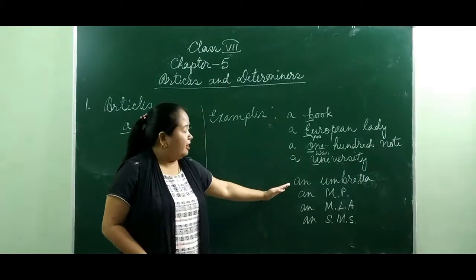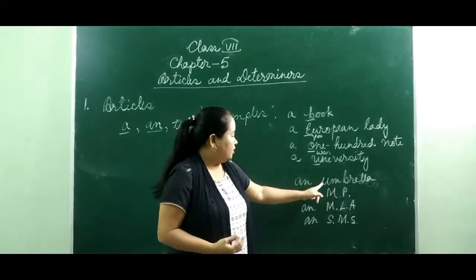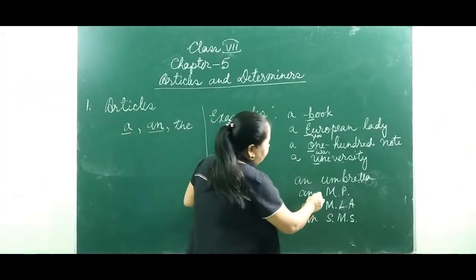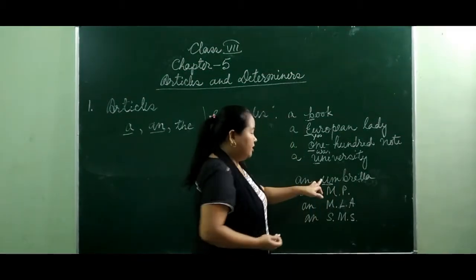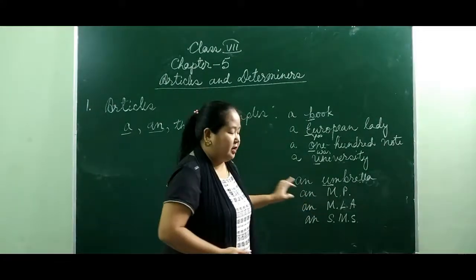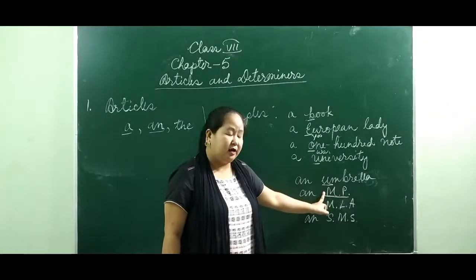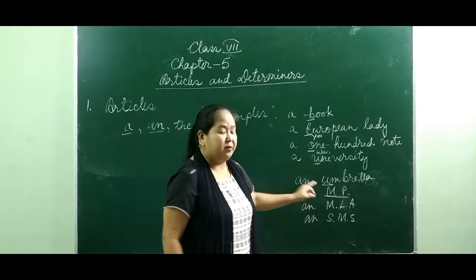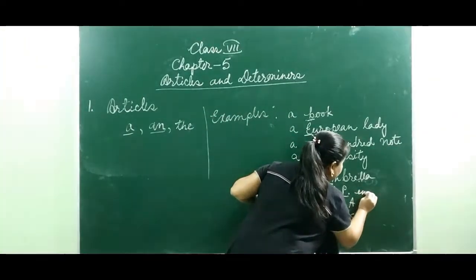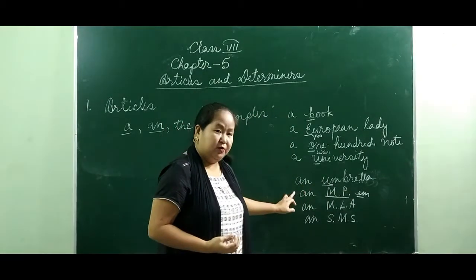Okay, article an is used before a noun that starts with a vowel sound. So here, an umbrella. Here umbrella starts with a vowel sound, so article an is used. Here, an MP. M is a consonant letter, but the sound is 'em', so it is a vowel sound, so article an is used here.